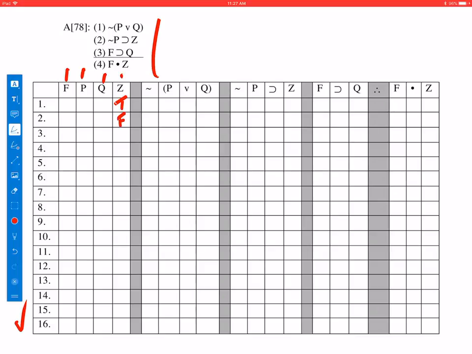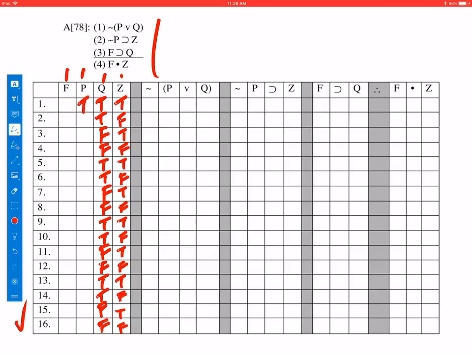to come up with all the possible combinations of truth values for the parts. So let me fill those in quickly. Remember our pattern: true, false, true, false, and so on. When we move over, we double it, so we have 2 trues, followed by 2 falses, 2 trues, 2 falses, 2 trues, 2 falses, 2 trues, 2 falses.